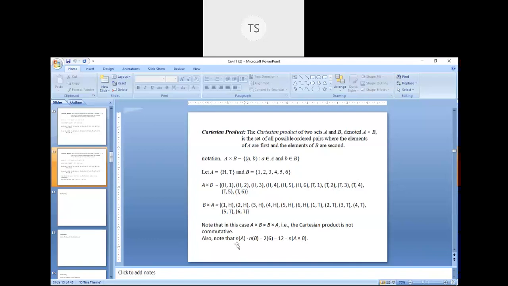So I can write that n(A) into n(B) is always equal to n(A cross B). So this line is also important for your MCQ. That means number of elements in the first set into number of elements in the second set is equal to number of elements of their Cartesian product. Okay? Is it clear?